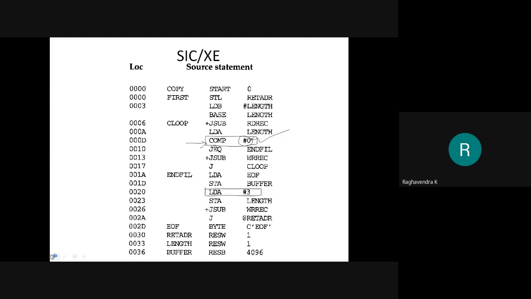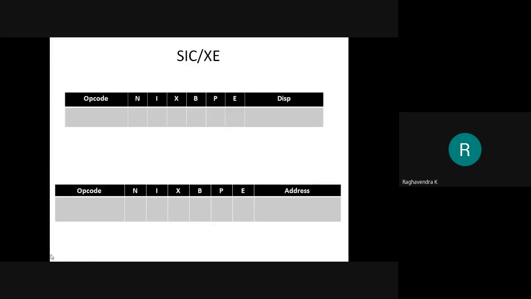If you have tried, then just verify. So LDA is 00, right? So 0000, first 4 bits, and then 0000.